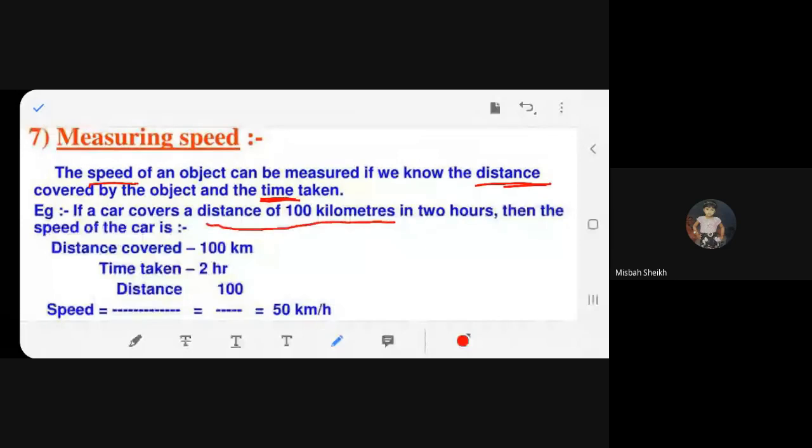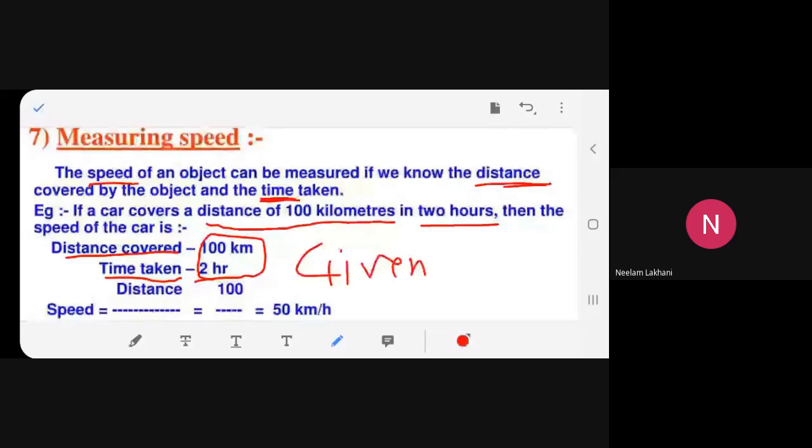Time, what is given? 2 hours. So, the same thing we have written over here. Yes, we have written down distance covered 100 kilometers and time taken 2 hours. So it is given.